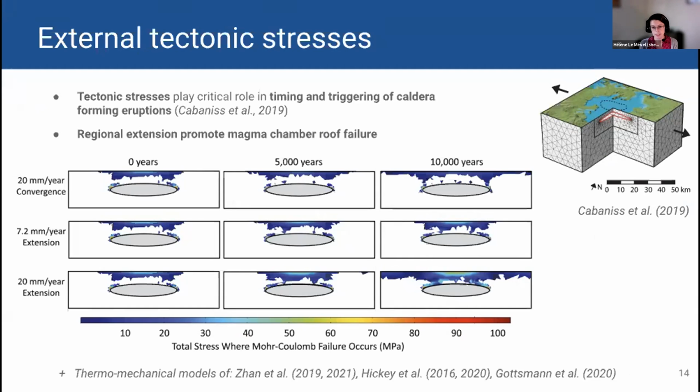And the main results show that the regional extension decreases the stability of the roof, and it promotes the onset of caldera collapse. So the takeaway message here that I want to point out is it's very critical to include local and regional tectonic stresses in numerical models in order to determine the potential for failure. And then we can also get a sense of the repose time intervals between eruptions. And we can compare this to, for example, melt accumulation timescales obtained from geochemistry.